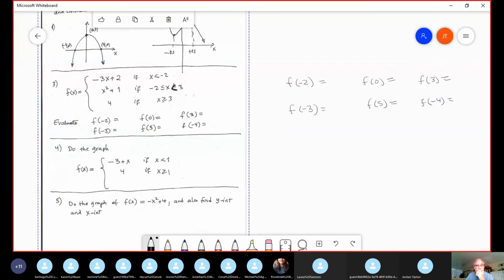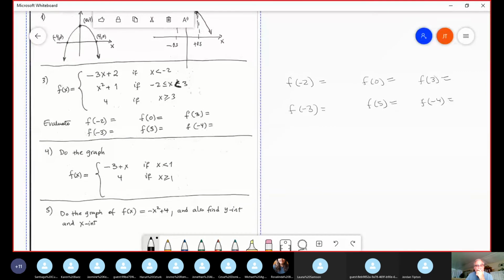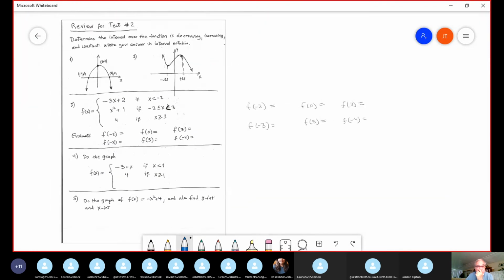Whoa, much better to see specifically the question 3. Remember, you have 3 pieces. Let me put different colors. One piece here, blue. One piece here, green. One piece here, rainbow color. And each piece corresponds with a different interval.